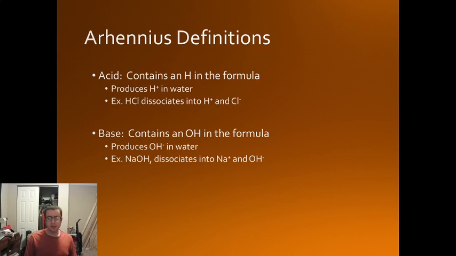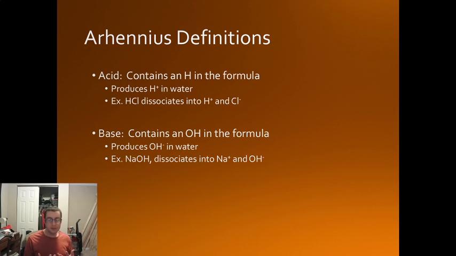All right, so then there are two different definitions for acids and bases. We have Arrhenius definitions, and then the next slide will have Bronsted-Lowry. The Arrhenius definition is probably the easiest one to come up with. It's also probably the least useful, so 50-50 there, pros and cons. An Arrhenius acid means that it contains an H in the formula.